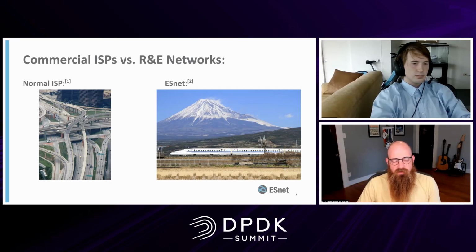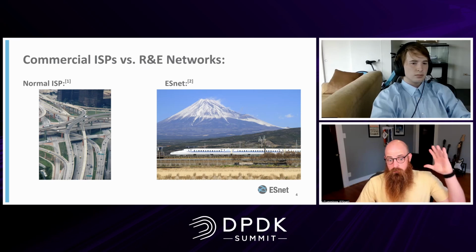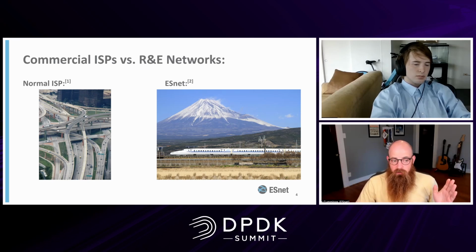On a science network like ESnet, we might have more purpose-built dedicated flows. So these really big elephant flows versus mice flows, right? These big elephant flows, kind of like a bullet train here, are moving vast amounts of data from point A to point B, and the network's not in use for as much general purpose traffic. And so that has some unique constraints and requirements that trickle down to running a network like ours.